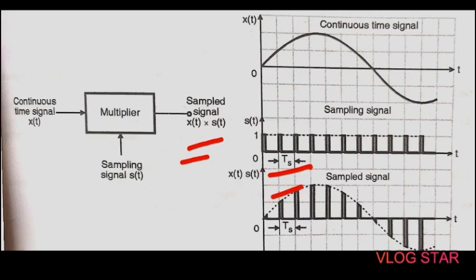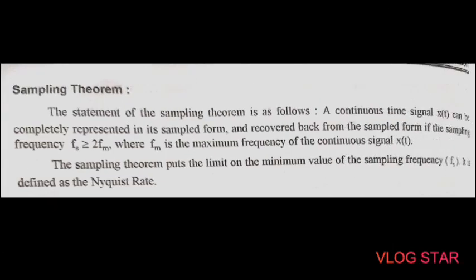Let us see the statement of the sampling theorem. A continuous time signal x of t can be completely represented in its sampled form and recovered back from the sampled form if the sampling frequency fs is greater than or equal to twice of fm.